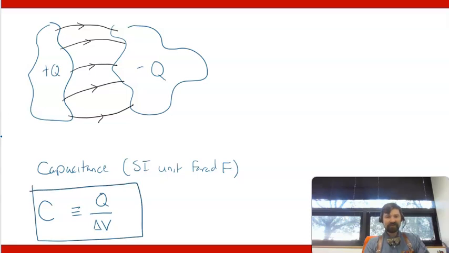It's not necessarily how we want to go about finding capacitance. If you happen to know what the charge is and what the voltage drop is, then that gets you capacitance. But it's kind of like in a previous lecture when we said that the wave speed v was equal to the wavelength lambda times f.